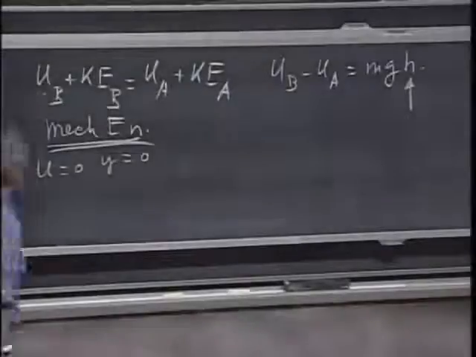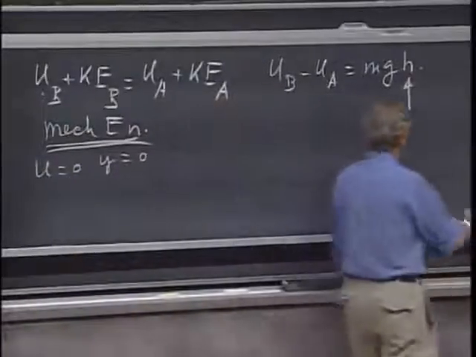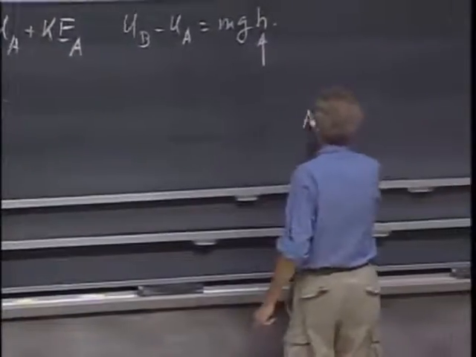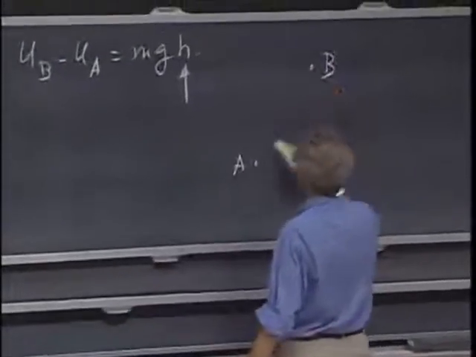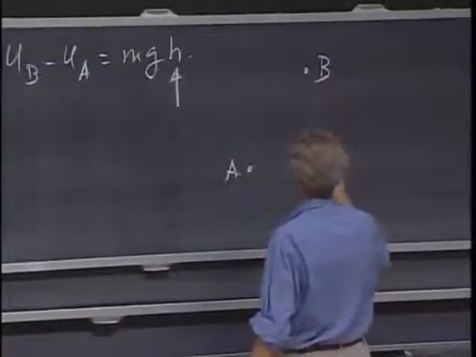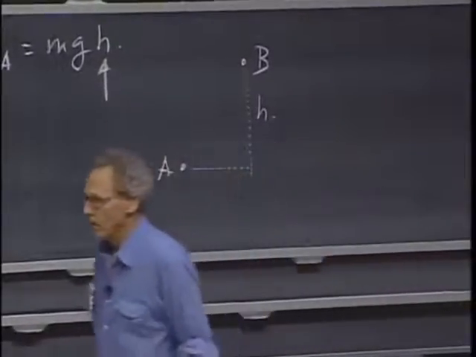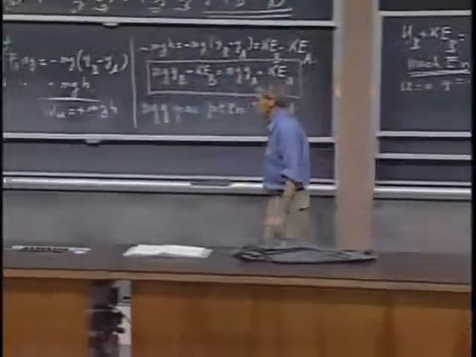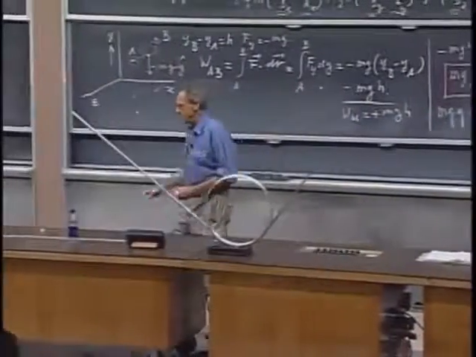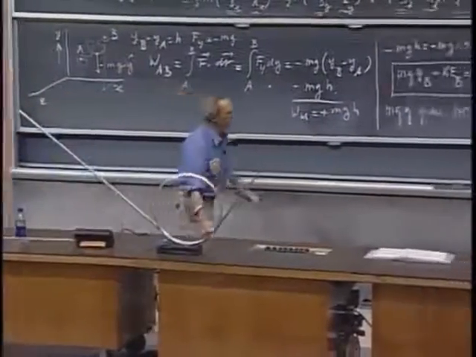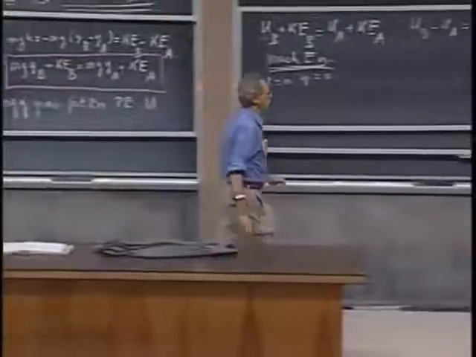It's easy to see. Suppose I have here point A and I have here point B. And suppose this separation was h. Well, if you prefer to call zero potential energy at A, I have no problems with that. So we can call this U equals zero here.